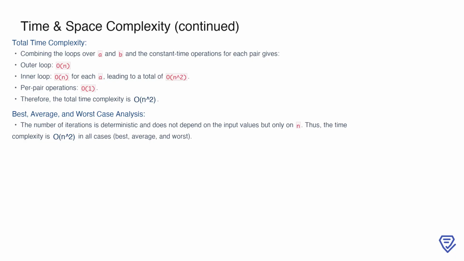As a result, the total time complexity of the algorithm is O(n squared). Moreover, since the number of iterations is entirely determined by the range of a, b, and c, and does not depend on specific input values, the time complexity remains O(n squared) in the best, average, and worst cases. This ensures consistent performance across all scenarios.